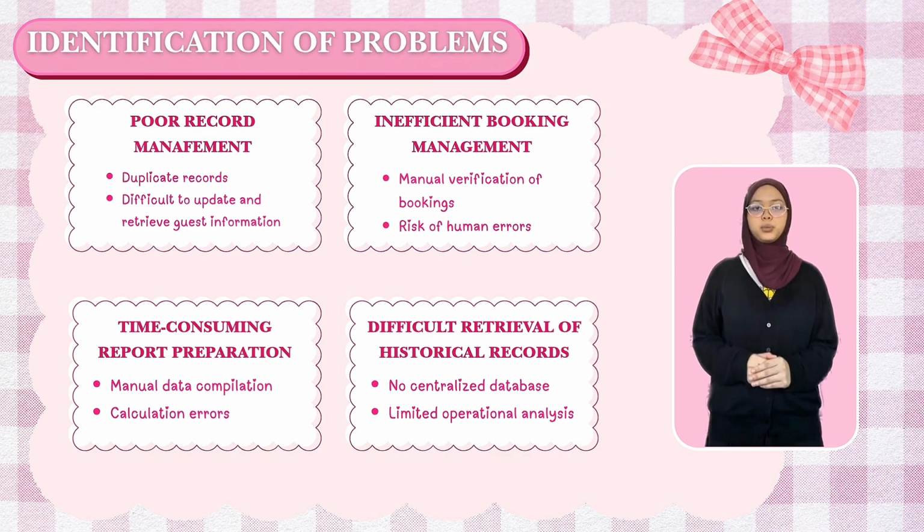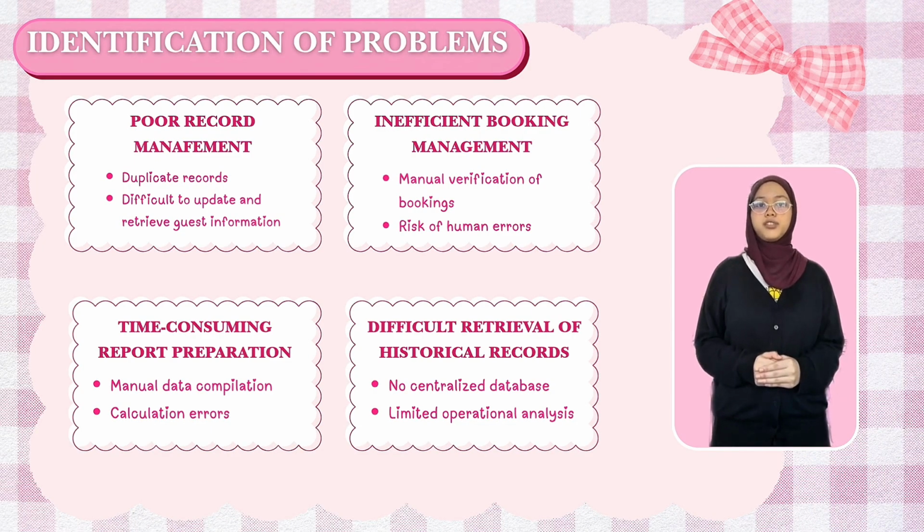The second problem was inefficient booking management. Staff had to verify guest and booking information manually, which was time-consuming and increased the possibility of human errors, such as incorrect room assignments and inaccurate booking details. Another issue was the difficulty in preparing reports and analyzing operational data.